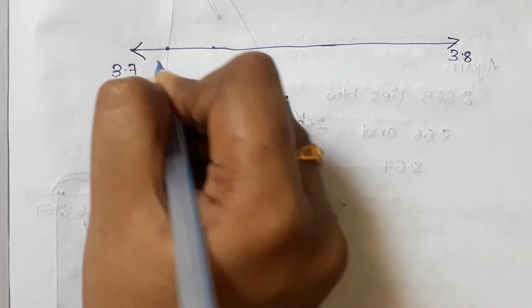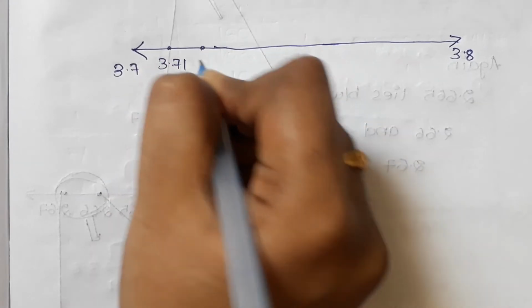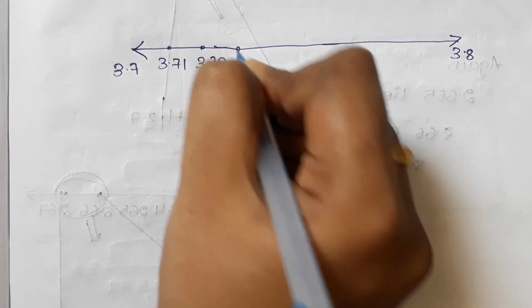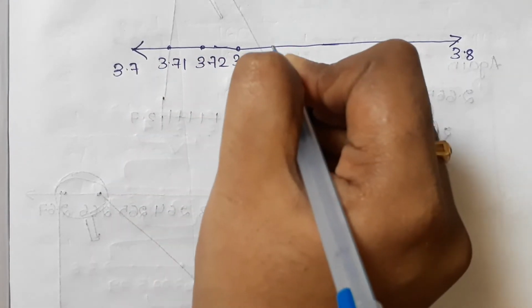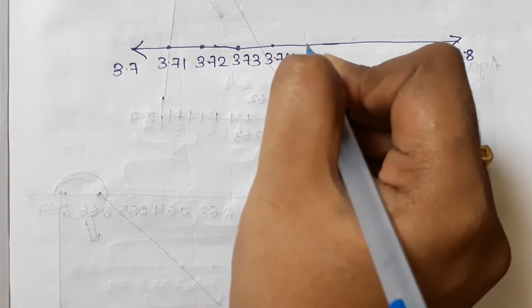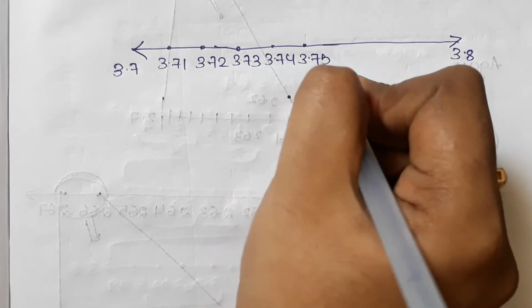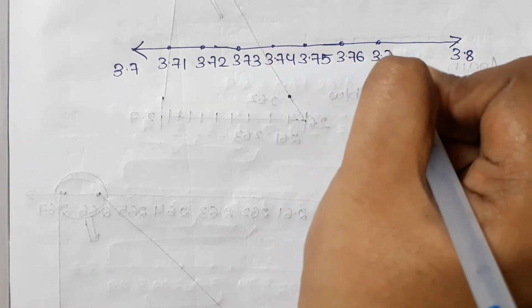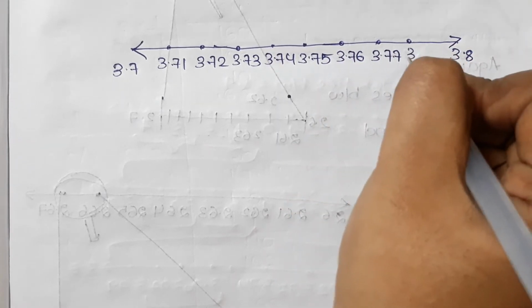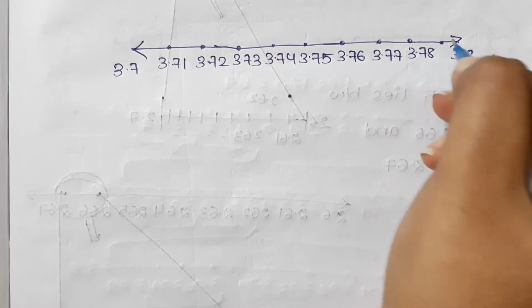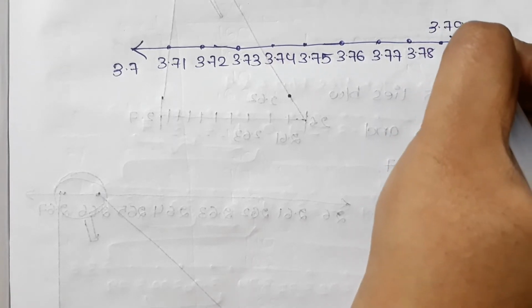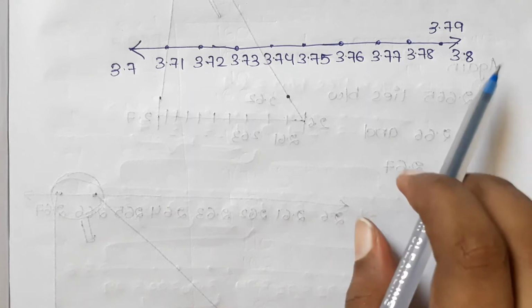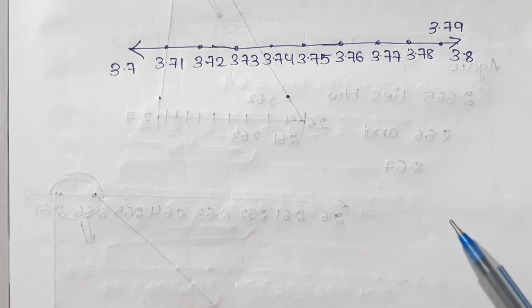Let us mark every one: 3.71, 3.72, 3.73, 3.74, 3.75, 3.76, 3.77, 3.78 and 3.79, and finally 3.8.